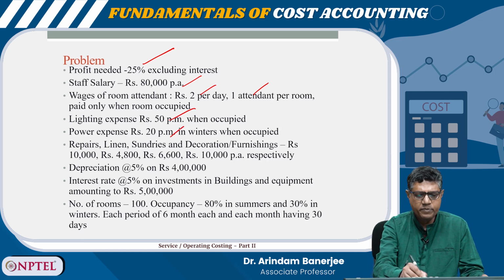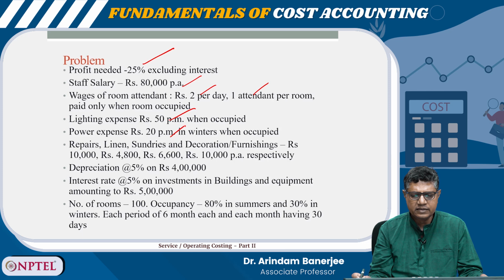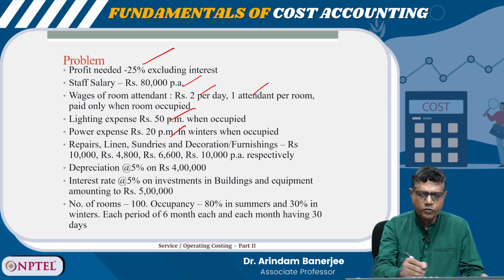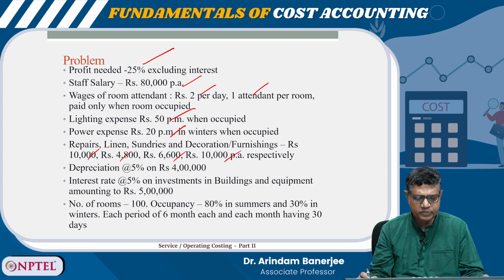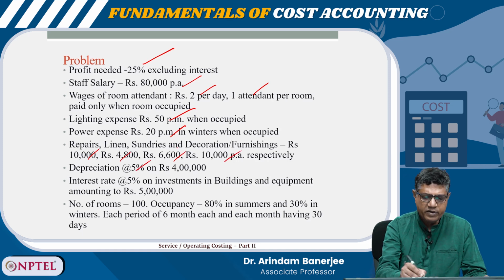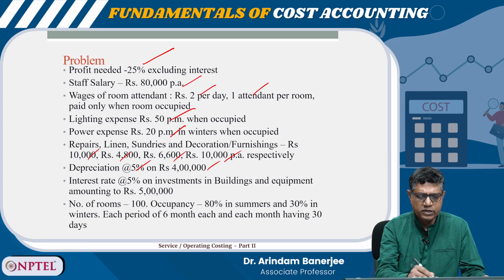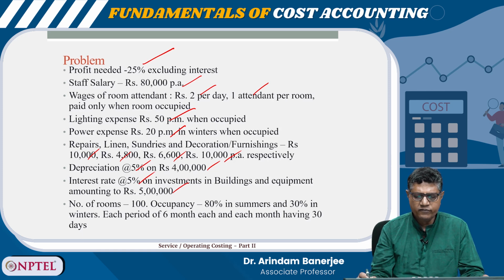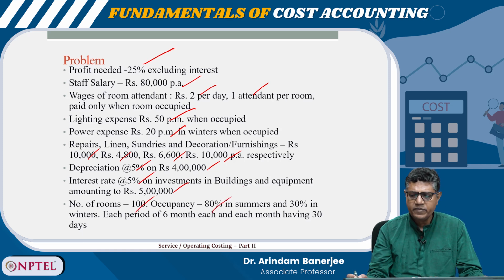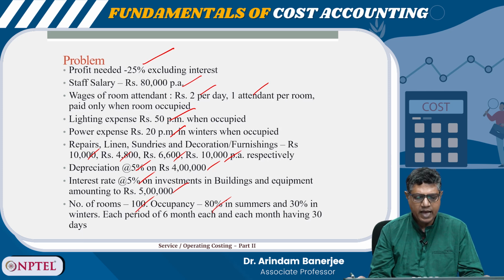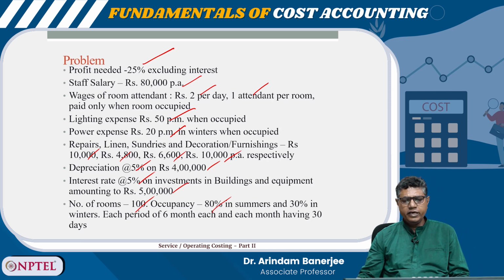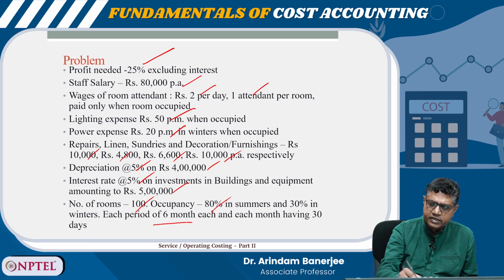Power expense 20 per month. Repairs, linen, sundries and decoration, etc., rupees 10,000, 4,800, 6,600 and 10,000 per annum respectively. Depreciation 5% on 4 lakh. Interest rate 5% on 5 lakh. Number of rooms 100. Occupancy 80% in summers and 30% in winters, each period of 6 months, and each month having 30 days. So this is the information given, right?